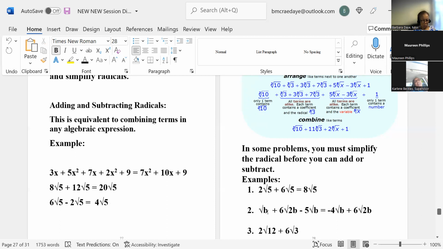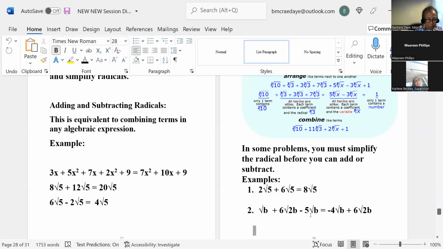Now, this one, which radicals are the same in this one, Maureen? Number 2. Which radicals are the same here? B. That is a B, right? Which one does it say? The square root of B. Yeah, you have it here and you have it here, right?